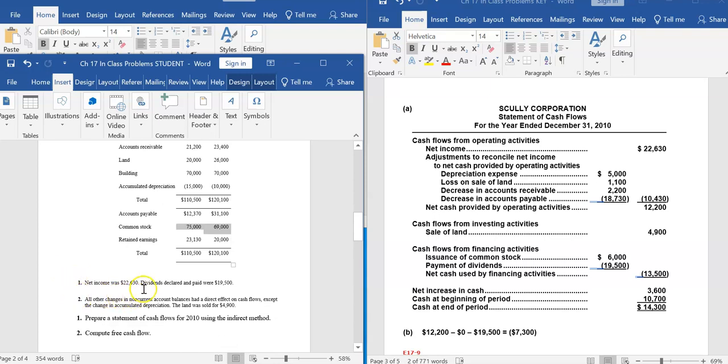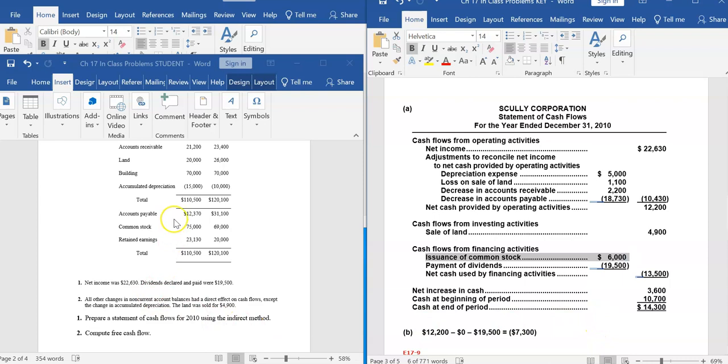This problem really didn't give us many details about why that changed, but we're going to make the assumption that common stock increased because stock was sold. If stock was sold in the amount of $6,000, we would have had another financing activity of a cash inflow of $6,000 from issuing of stock.